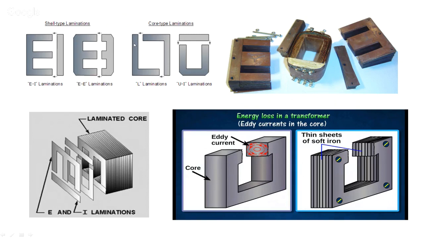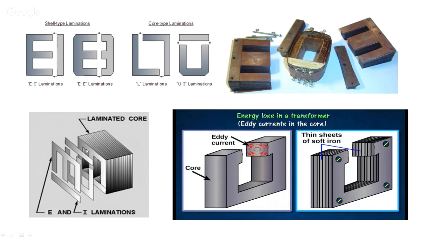And here two L's connected like this, or a U and an I. So a number of stampings you can see here are connected or riveted together. A number of such stampings are stacked together. Stacked means they are placed one on top of the other and bolted. You can observe the bolts, or riveted together.